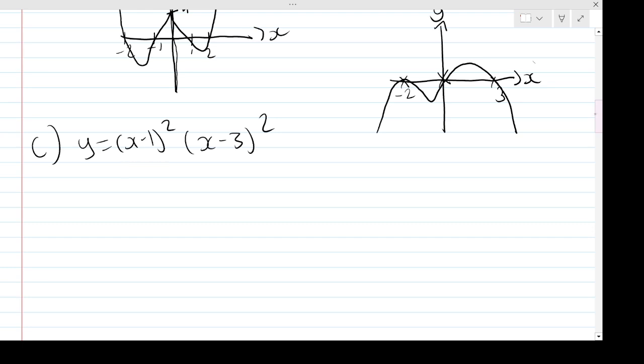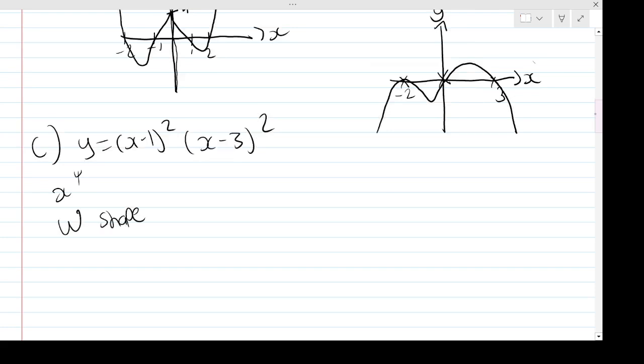What I realise is if I square this, it's just going to be x times x, right? So it'd be x squared from this bracket. Likewise, we're going to get x squared here. So x squared times x squared would be x to the 4, okay? And that's what we get. That's the power of x to the 4. Coefficient of positive 1, positive.